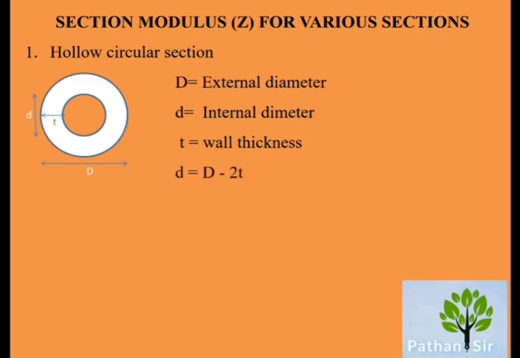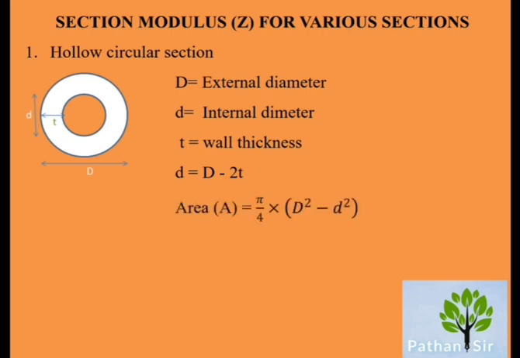So if we consider a hollow circular section, let capital D be the external diameter, small d the internal diameter, and small t the wall thickness. If external diameter and wall thickness are given, we can find the internal diameter simply by using the formula capital D minus 2 into t.